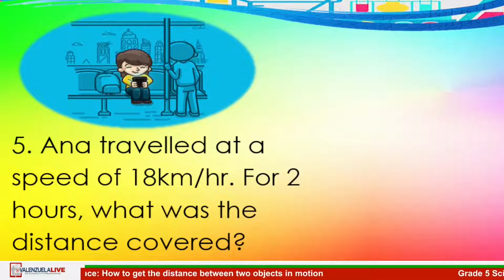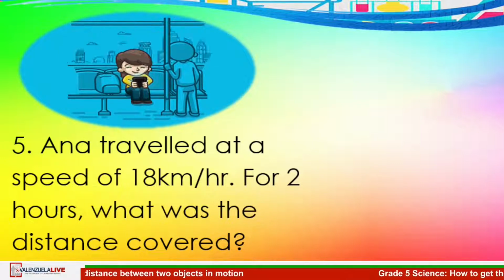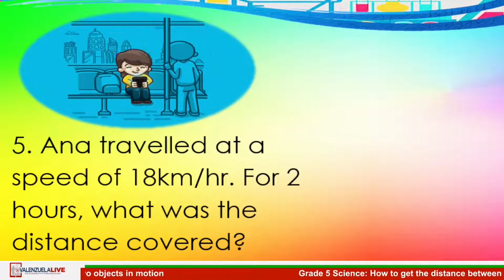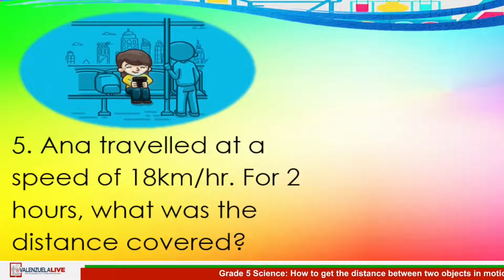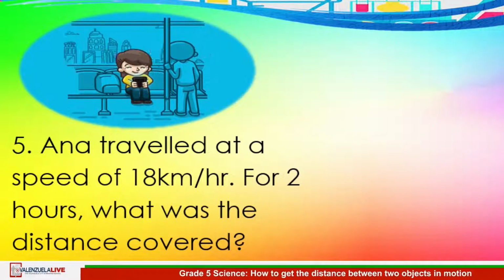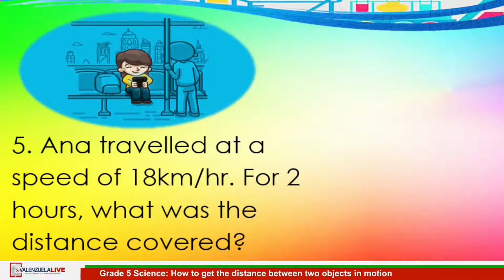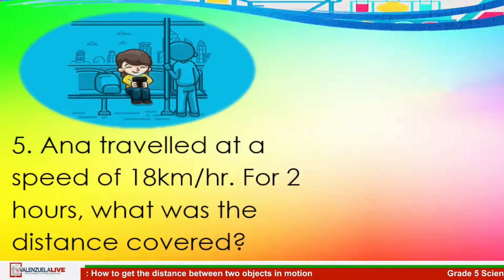Anna traveled at speed of 18 kilometers per hour. For 2 hours, what was the distance covered? Time's up. Check your work. Remember, honesty is the best policy.